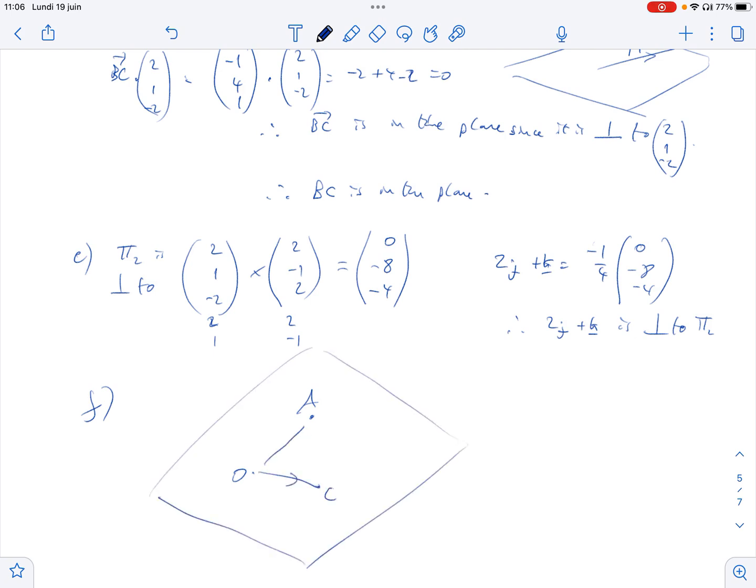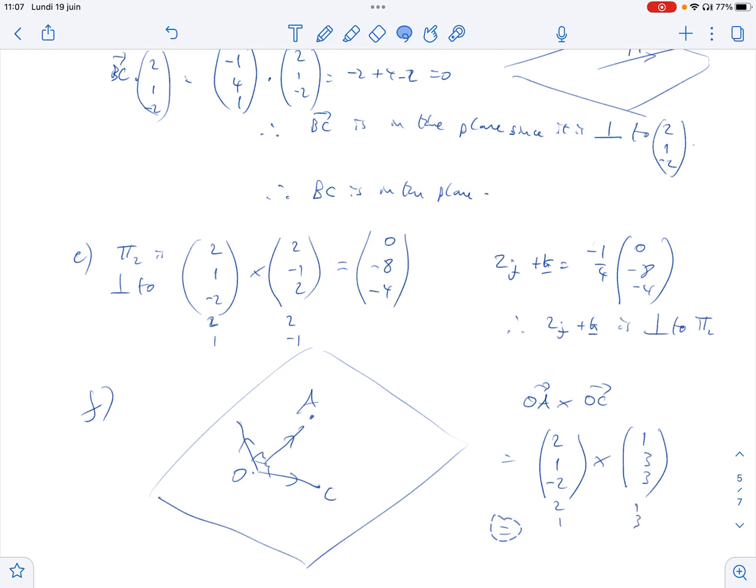That means that OC and OA are both in the plane, so to find something perpendicular to both of those, I need the normal vector to those. So we need to do OA cross OC, which is 2, 1, -2 crossed with OC, which is 1, 3, 3, which is then 2, 1, 1, 3.